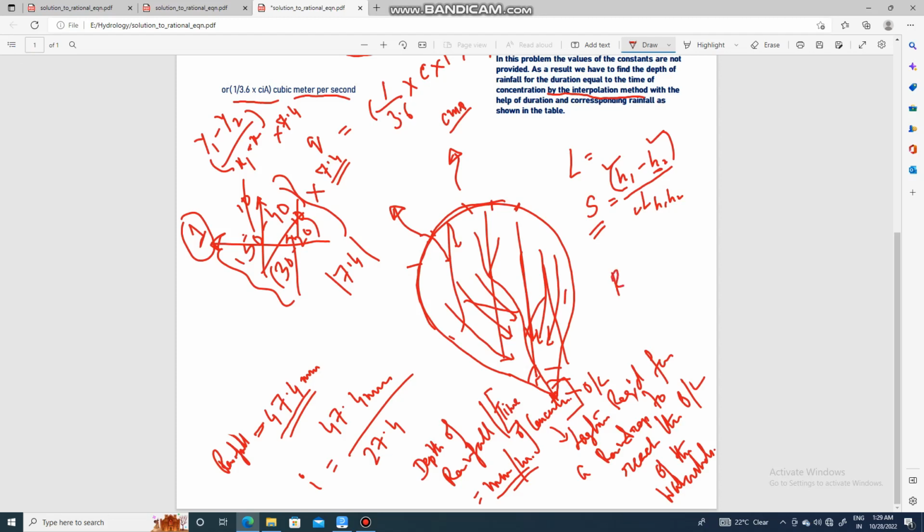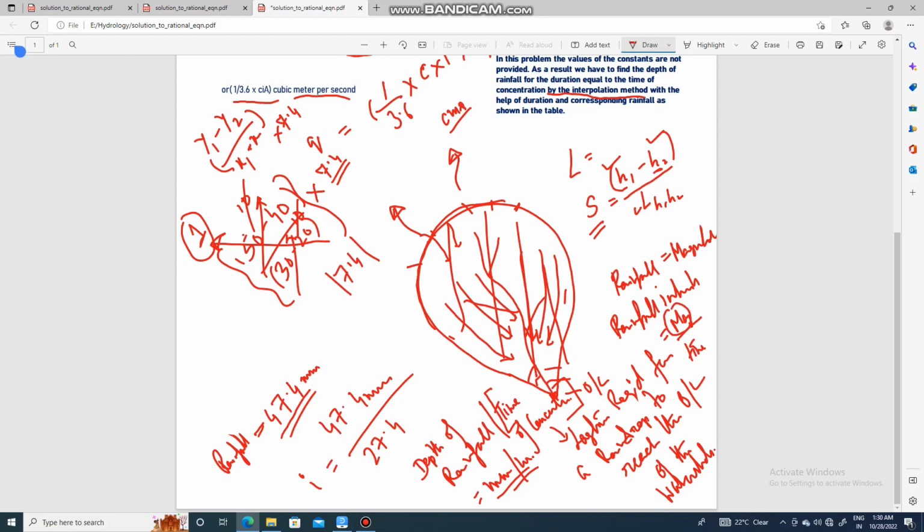So rainfall is the magnitude of rainfall, and rainfall intensity is the magnitude of rainfall divided by time, or the duration of the rainfall which has this magnitude.